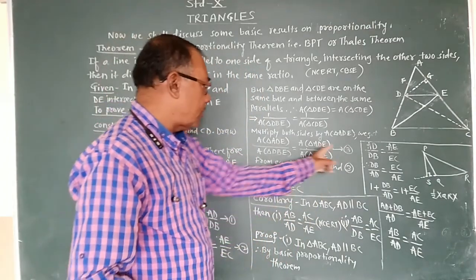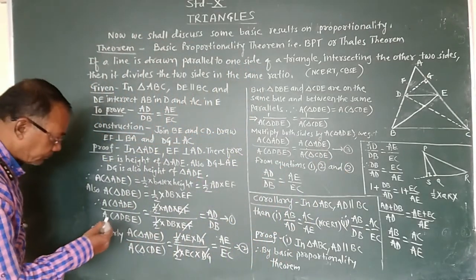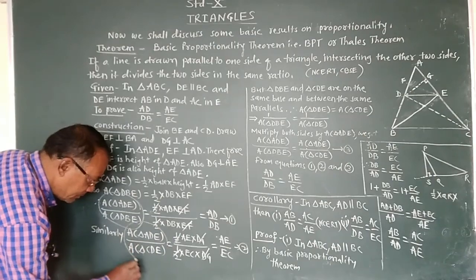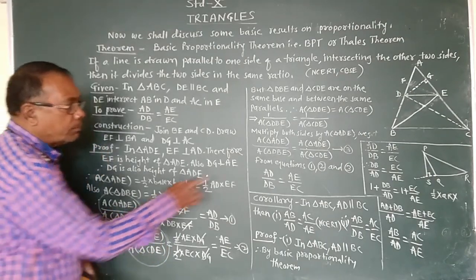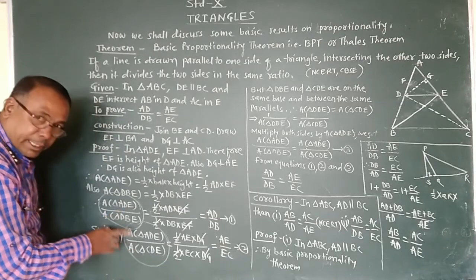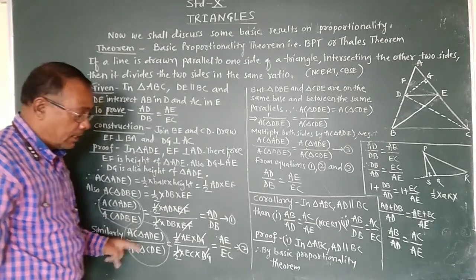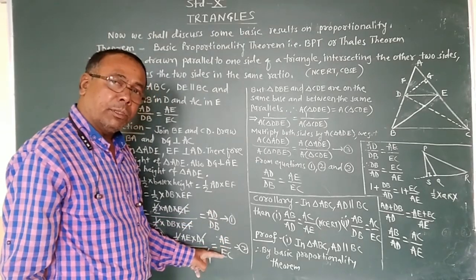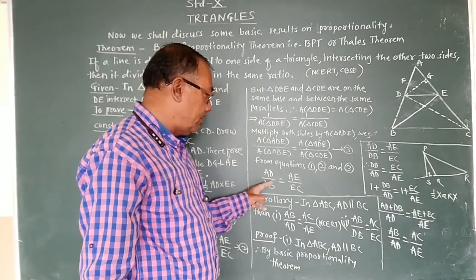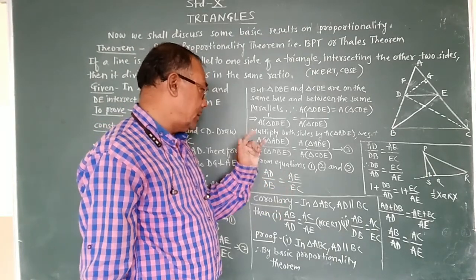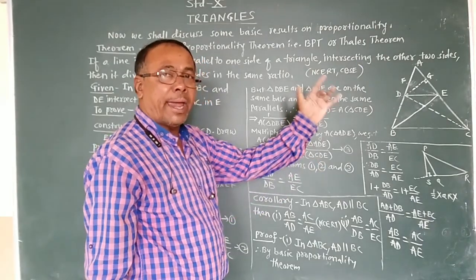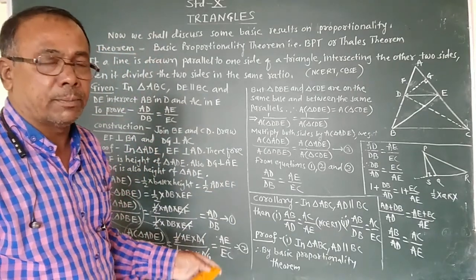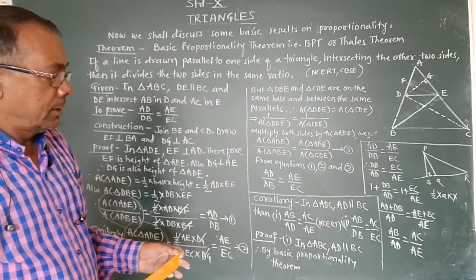Here it is seen that from equation 3 both LHS are equal, and if the LHS are equal then RHS must be equal, means AD upon DB equal to AE upon EC. This is from equation 1, 2 and 3. In this way we have proved the theorem, that is basic proportionality theorem, which is also known as Thales theorem.